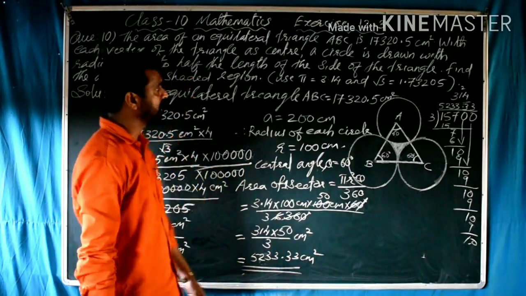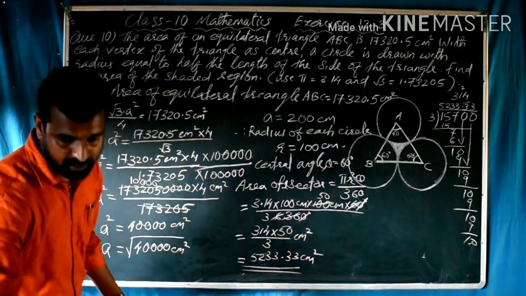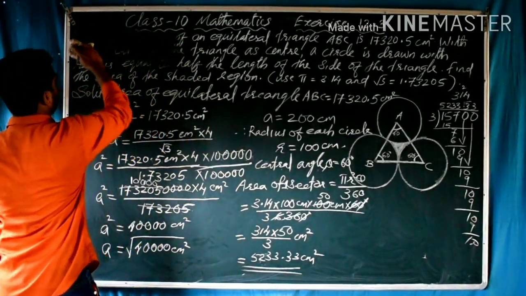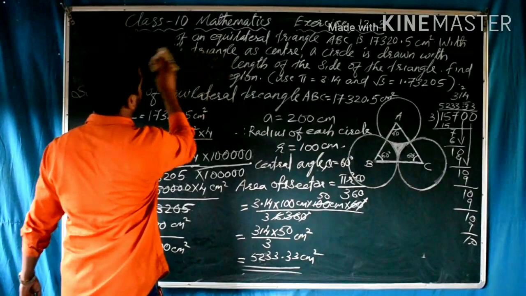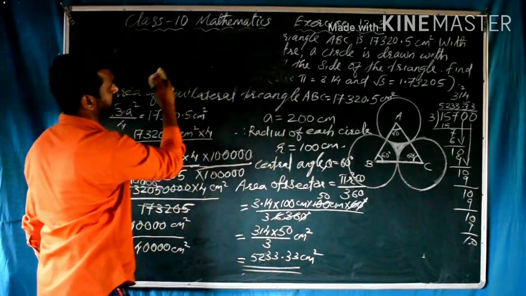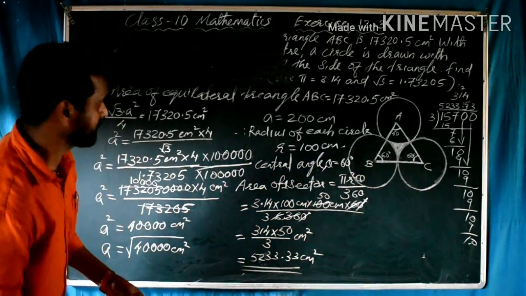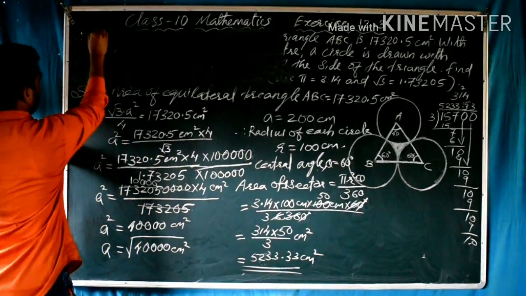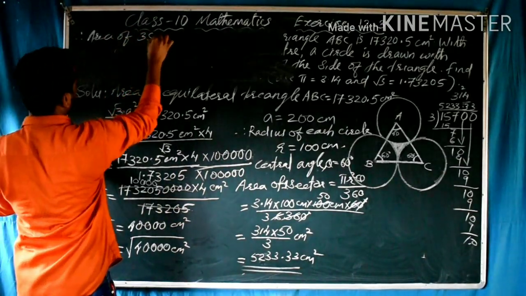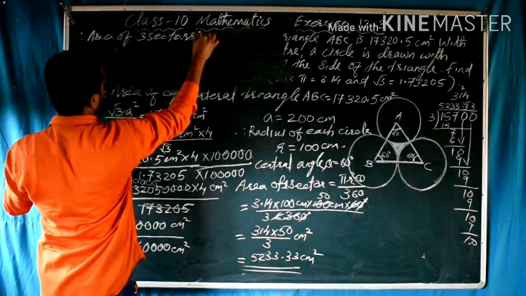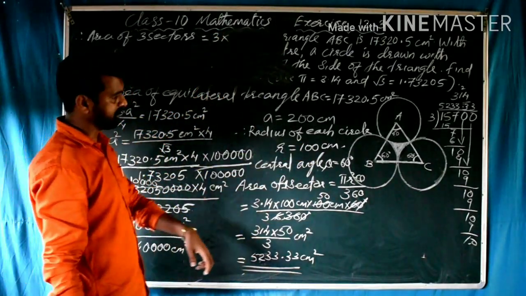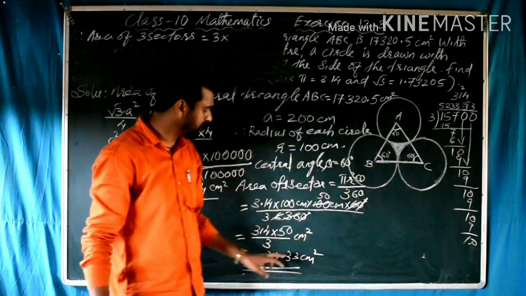Area of one sector is 5,233.33 centimeters square. Therefore, area of 3 sectors is equal to 3 into the area of one sector.